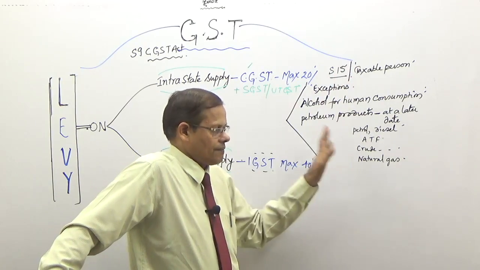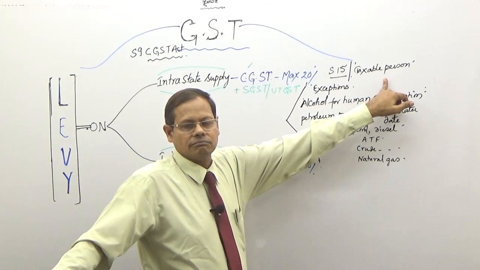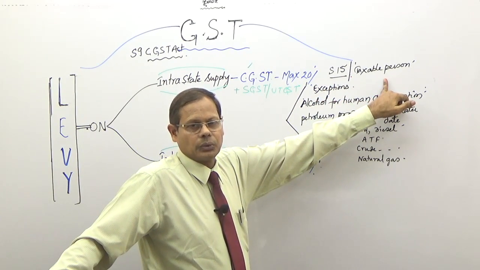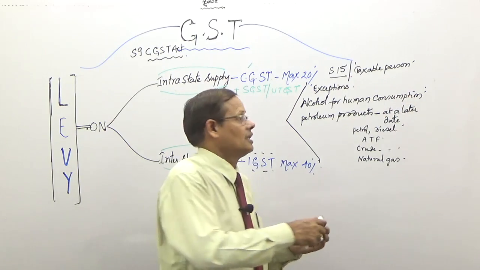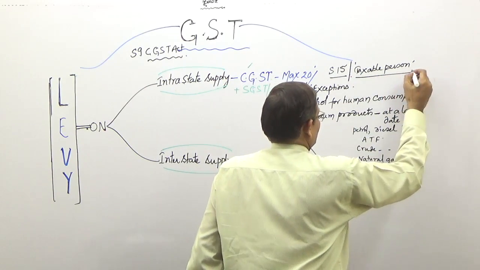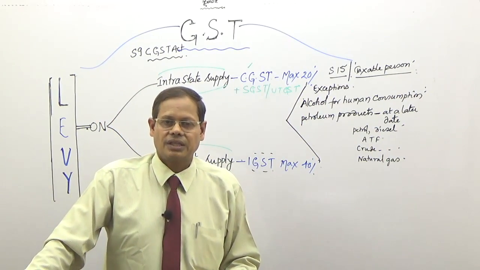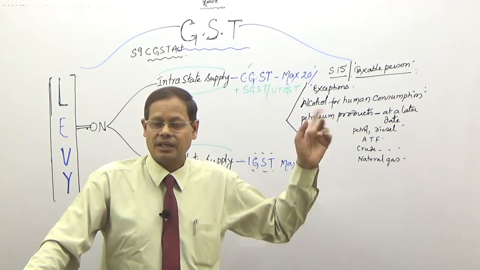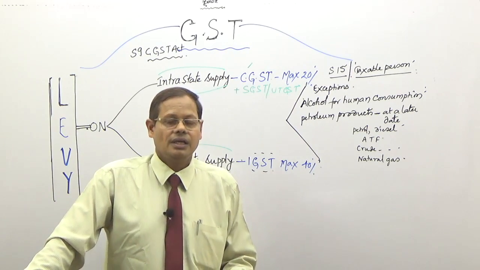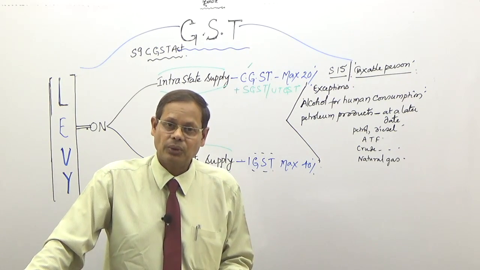So, here on levy, who is liable to pay GST, the taxable person, but there are special cases, or you can say exceptions. There are certain cases in which a person other than the supplier, here taxable person means supplier, is liable to pay GST.